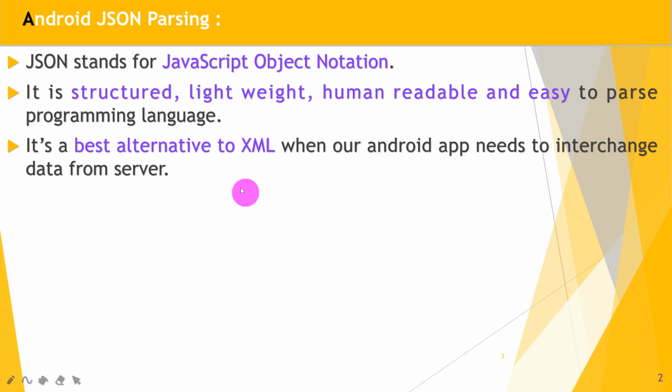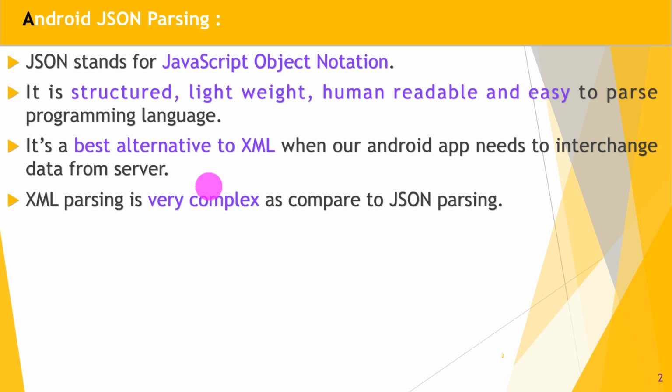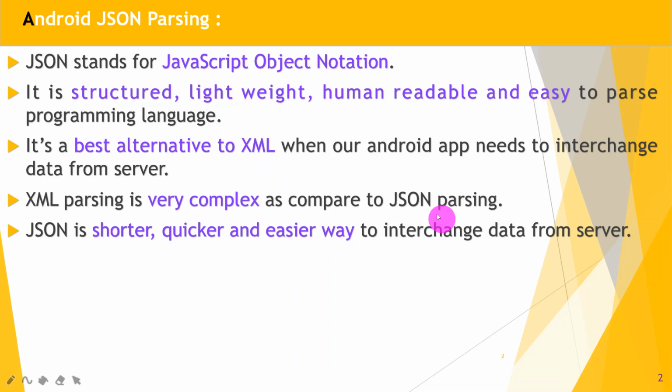So we mostly use JSON parsing. XML parsing is very complex as compared to the JSON parser. JSON is a shorter, quicker and easier way to interchange data with the server.